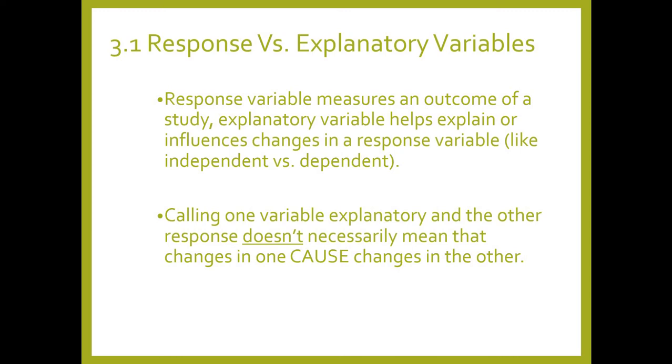So the explanatory is the x, response is the y. And just so you know, calling one explanatory and one response doesn't mean that one causes the other, but we think that one is involved in the change of the other, or that they're both changing at the same rate. Generally, it's obvious which one to make the explanatory and which to make the response.